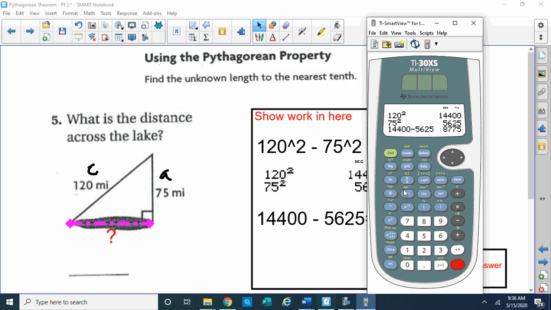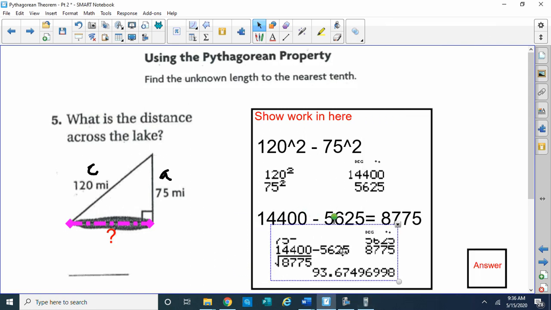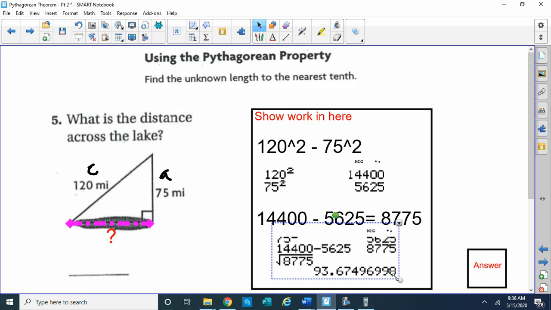So now I have to take the square root of 87.75. There it is. And there is my answer for that.